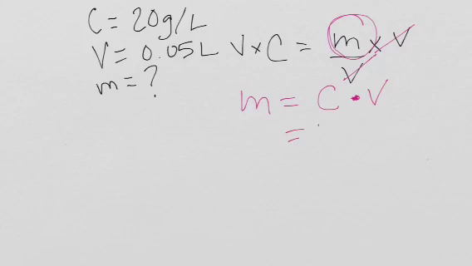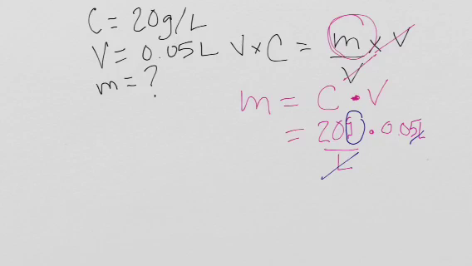So now we've got 20 grams per liter, and that's actually like writing it this way, grams per liter times 0.05 liters. Shocker. Look at that. The L's cancel out because they're on top and they're on the bottom, and we're left with the unit we're looking for.